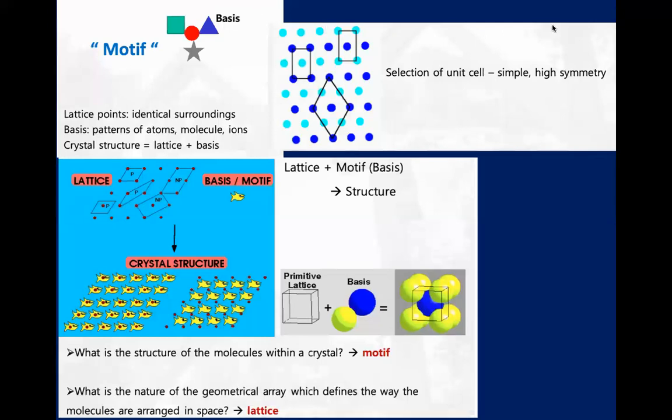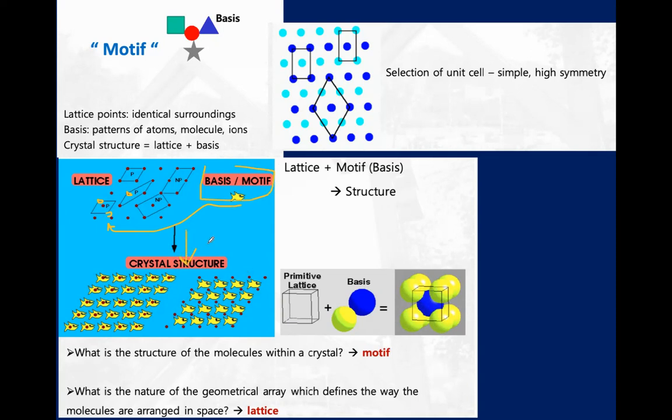Okay, so we talked previously about the motif or the basis. It's the arrangement of atoms over the lattice points, right? For example, these are lattice points. When you put atoms over the lattice points, that means when you arrange them according to the basis or motif, then you finally get the crystal structure.